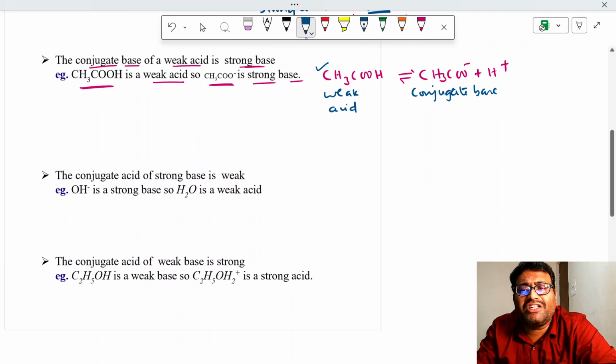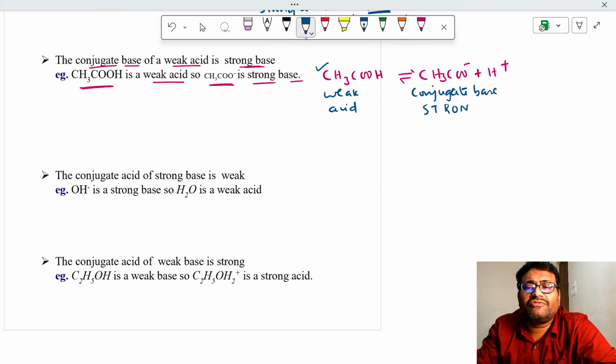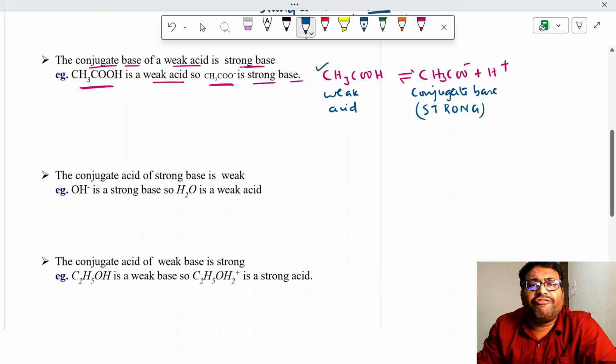It will have more tendency to take a proton and convert into the acid. If one has less tendency to release a proton, its conjugate base will have more tendency to take the proton. When it has more tendency to take the proton, automatically we say that it is strong. As I already mentioned, in a conjugate acid base pair, if one is weak, the other will be strong.